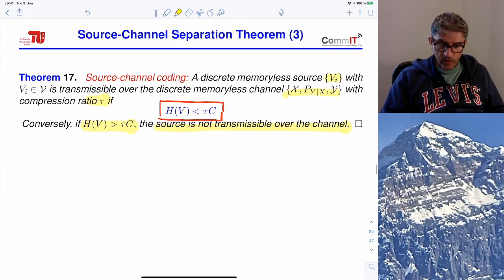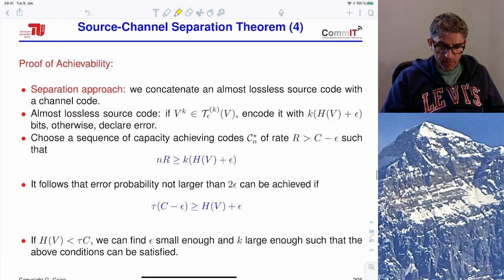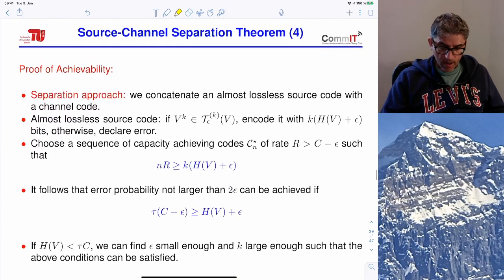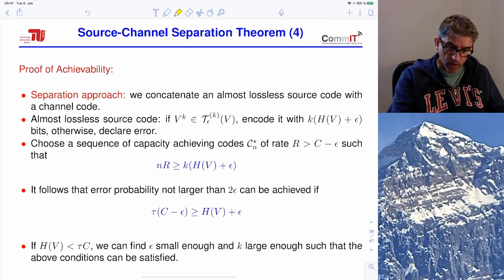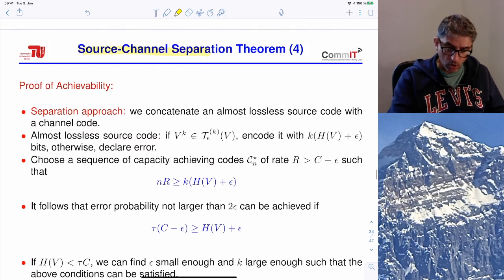How do we prove this result? For achievability, we use a special scheme which is called source channel separation. So we can construct a joint source channel code in a separated way. How? We take a data compression code. So here is the source, right?